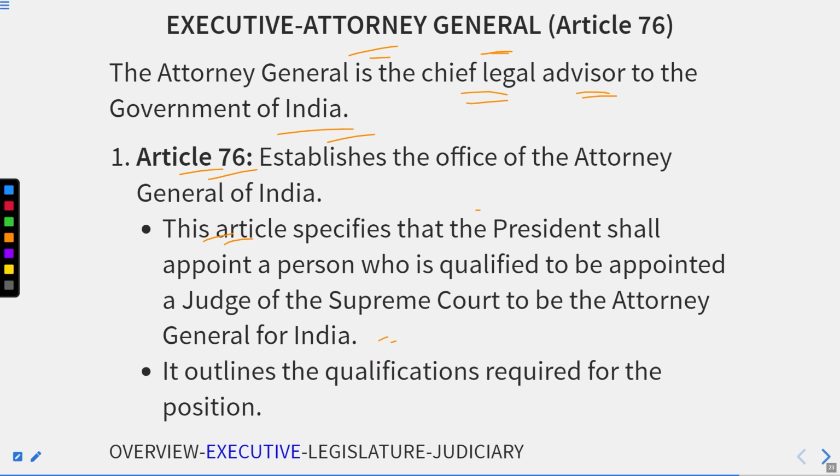Okay, it means first, he is appointed by the President. Second, he must be eligible to be appointed as a judge of the Supreme Court. Other qualifications are mentioned in Article 76, which we generally do not require to remember.